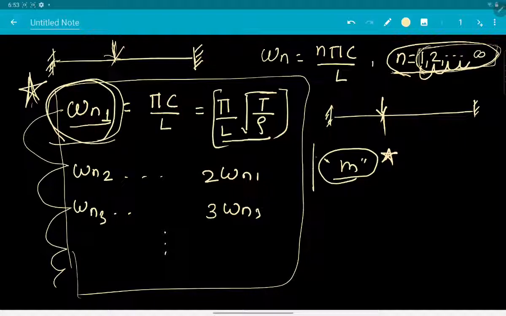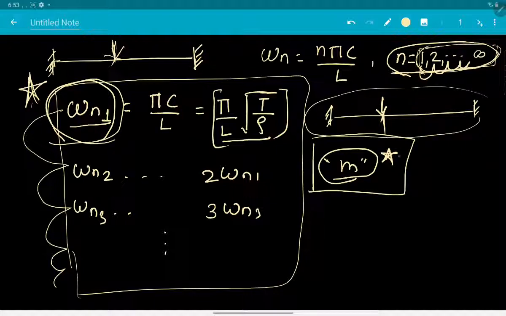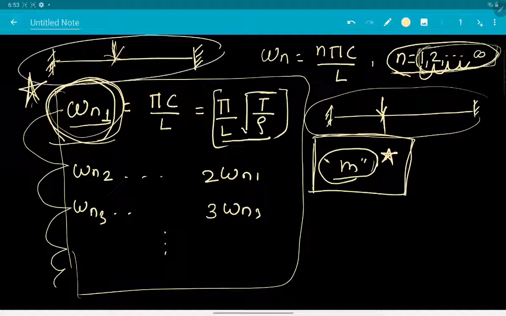When this happens, the sound created by such a combination of m frequencies which are integer multiples of one frequency is appreciated by the human ear, and we find it very soothing, very nice to hear. That is the reason behind using such strings in musical instruments.